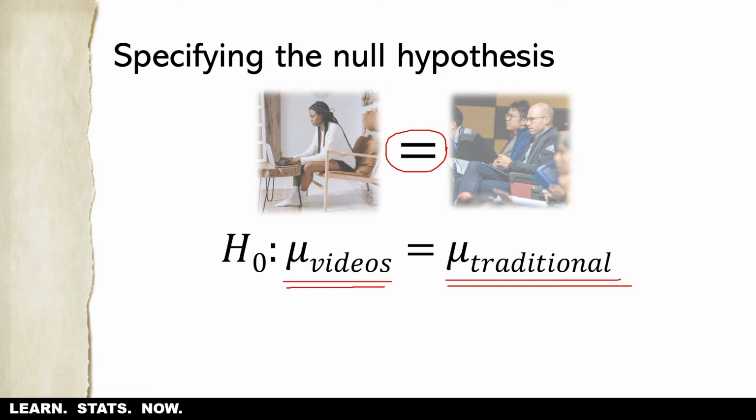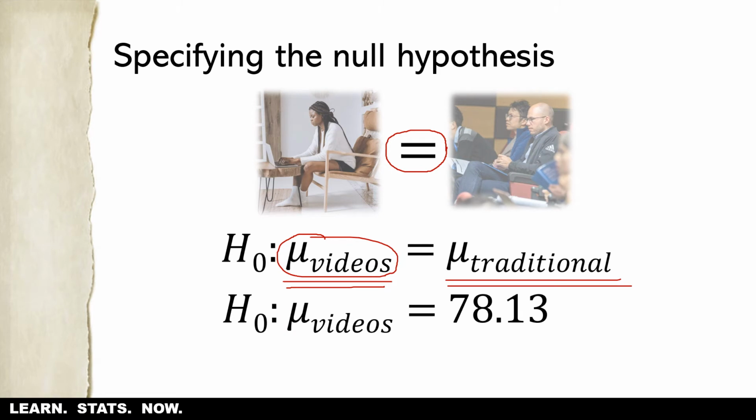Well, the reason is that we're trying to draw conclusions about the larger population of students who could have used the videos. So we're going to use notation that uses population parameters. Here is mu for the videos equal to mu for the traditional students, and the null hypothesis is that those means are equal.